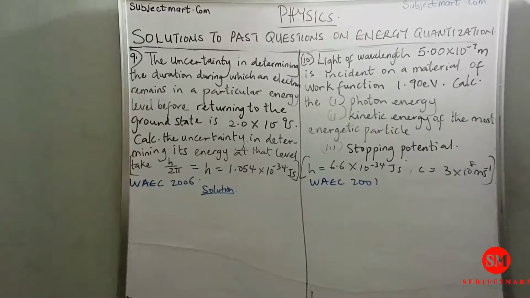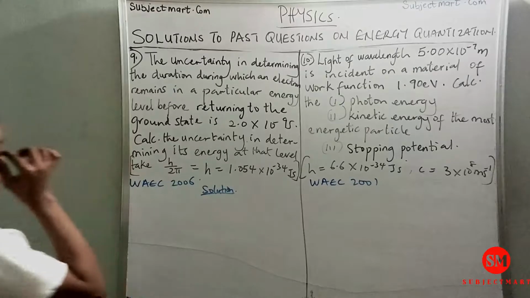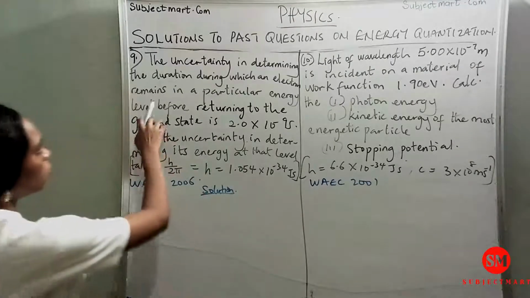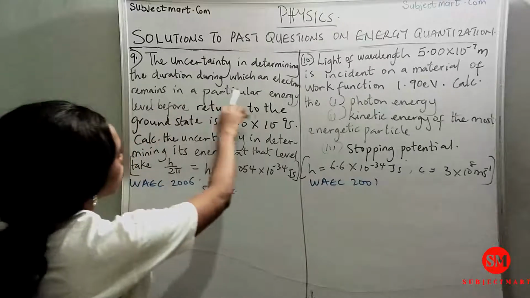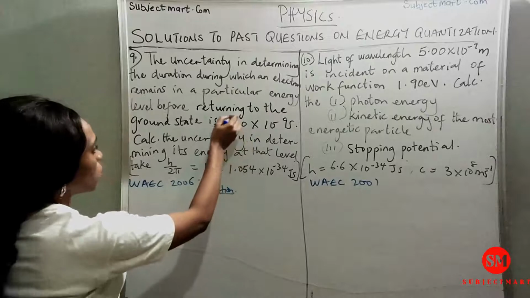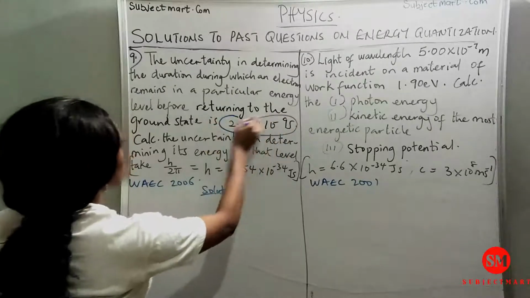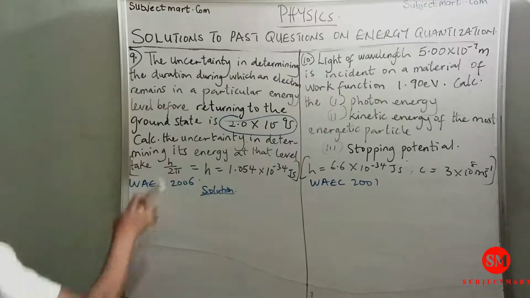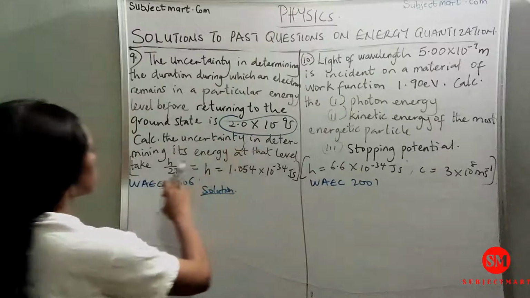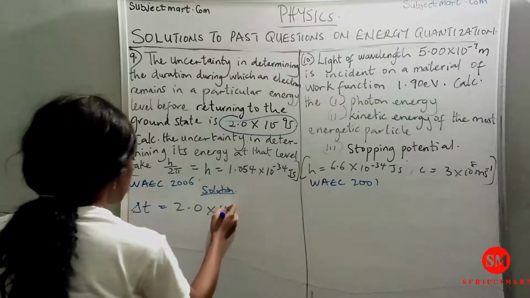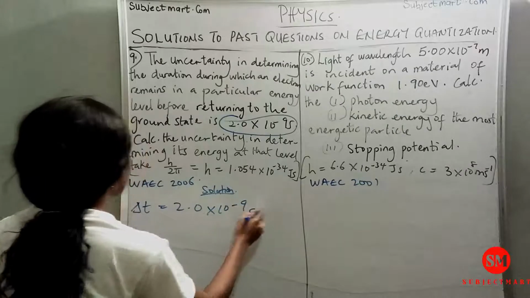Okay, so question 9. We have this. The uncertainty in determining the duration, particular energy level. The duration, that's the change in T. Delta T is equals to 2.0 times 10 raised to the power minus 9 seconds.